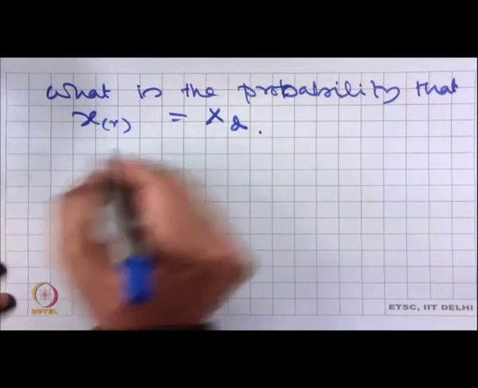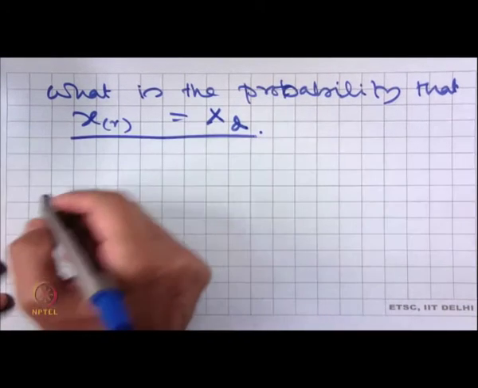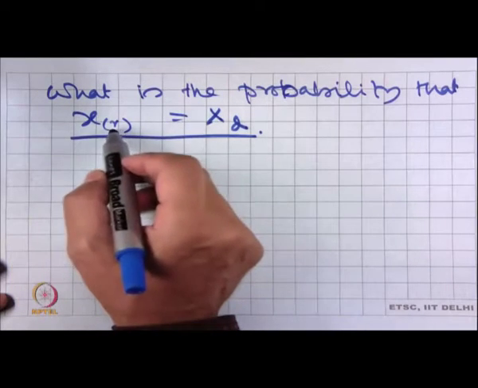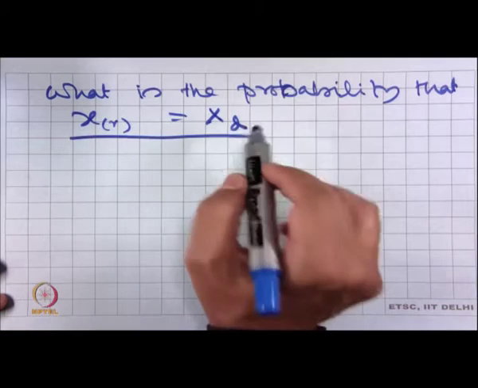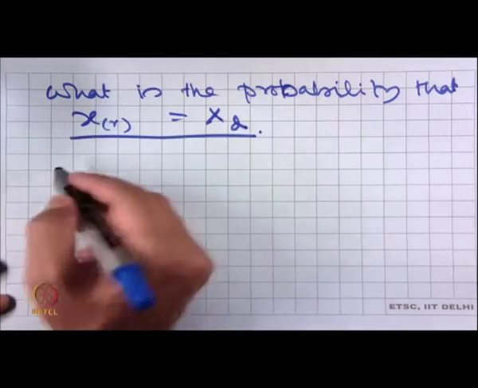So, what we are looking at is that in the sample the rth order statistic is actually the dth element in the sequence.